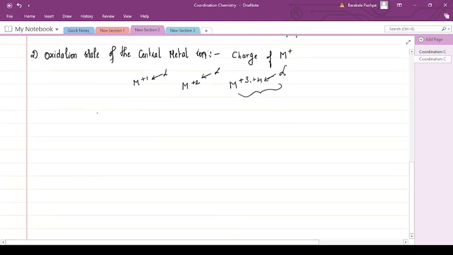Ligands are electron rich species. So if it has a highly positive charge, the negatively charged ligands will be attracted more easily. As a result, the attraction will be more. Hence the ligands are drawn more closely to the central metal ion.